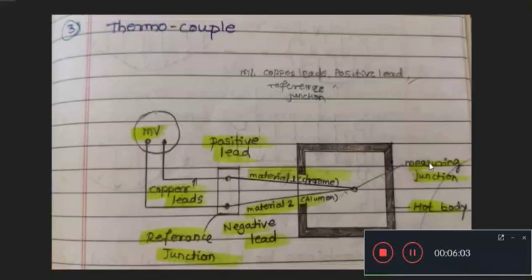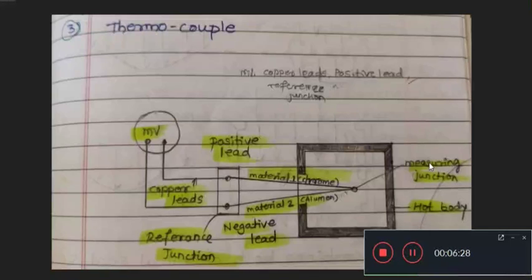The aluminum material is connected to the negative terminal of the strip, which is then connected to the millivoltmeter as shown in the figure itself. Thus we have two junctions. One is known as the reference junction, another is known as the measuring junction.